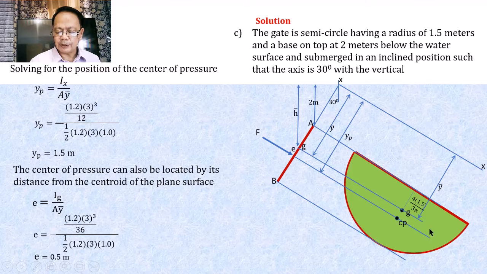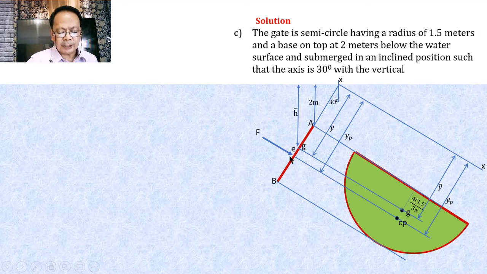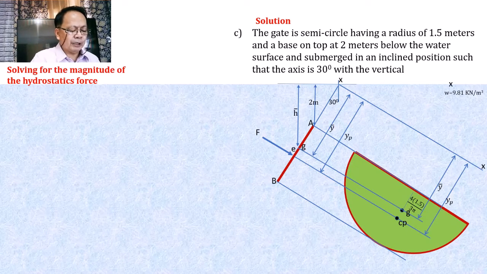Ito rin yung part nito. Yun. Diba? Kaya ako pinapakita dito kasi mamaya makikita natin paano siya gagamitin. Okay? So, the distance of this center of pressure vertically would also be defined from here, mula dyan sa part na yun. But later on, we shall be defining that. So, we can solve for the magnitude of the hydrostatic force. And the formula for finding it will be the force equal to W times bar H times A.